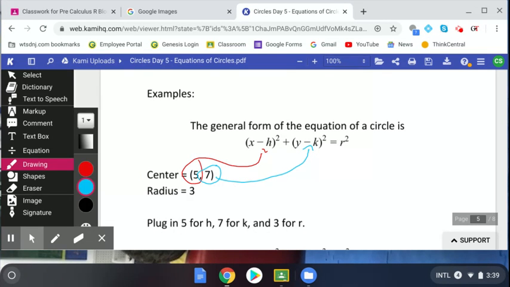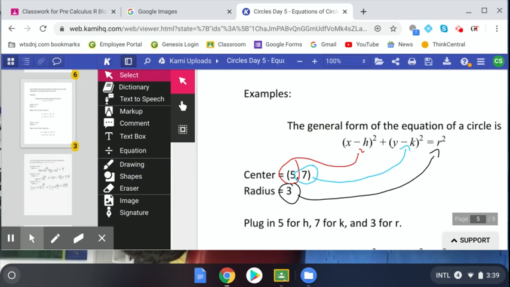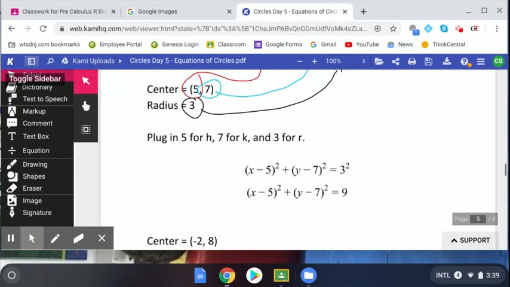So you take 3 and you square it to get this part. So the equation for a circle with these characteristics would look like x minus 5 squared plus y minus 7 squared equals 3 squared, which is 9, so you can write it like that.